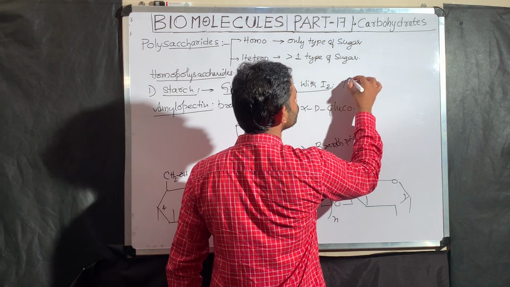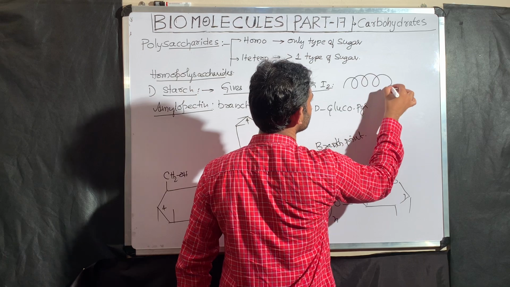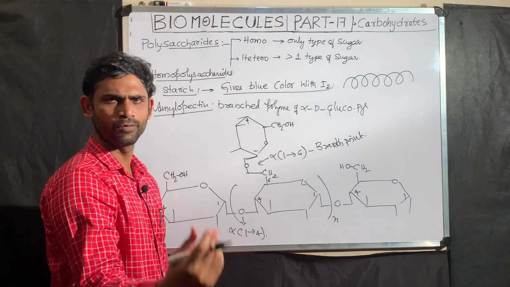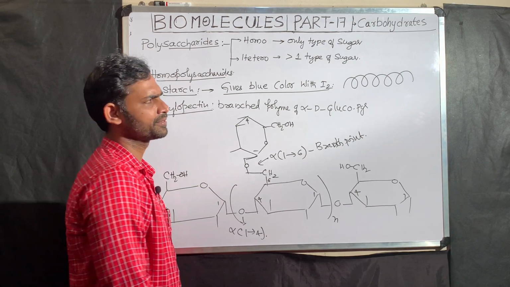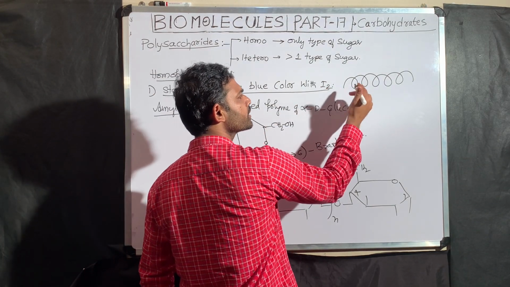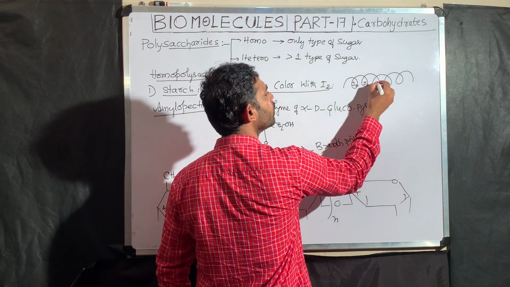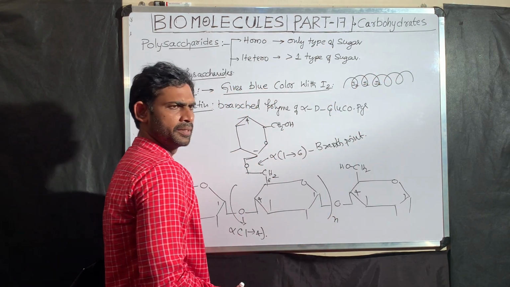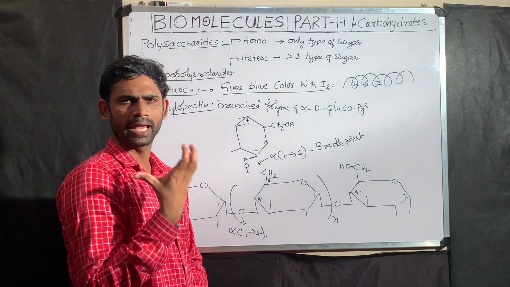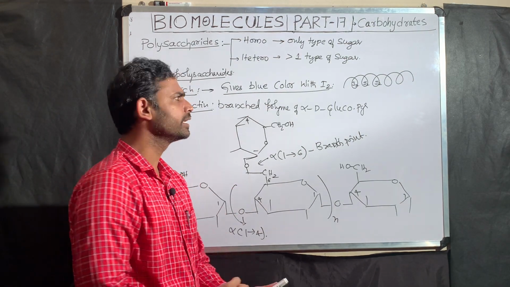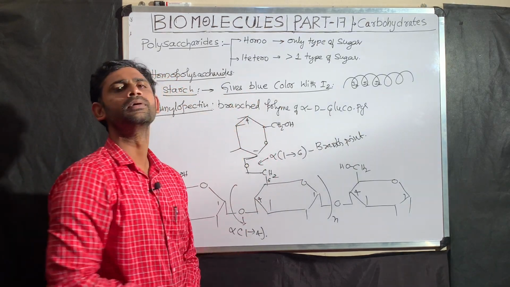This amylose shows a helical-like structure. Because it's linear, it can undergo folding like a secondary structure, a helix. Because of the helix formation, what happened? Iodine molecules go and are held in between the helix. Because of the helix holding the iodine, that is the reason it gives the deep blue color.